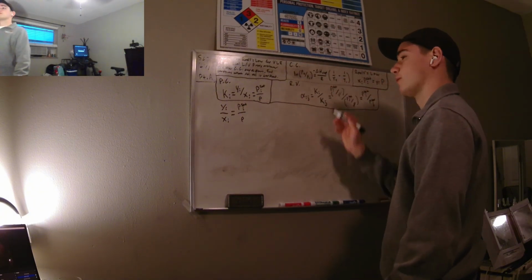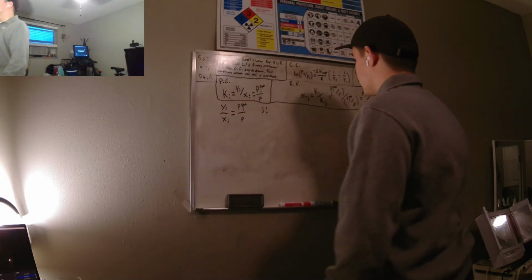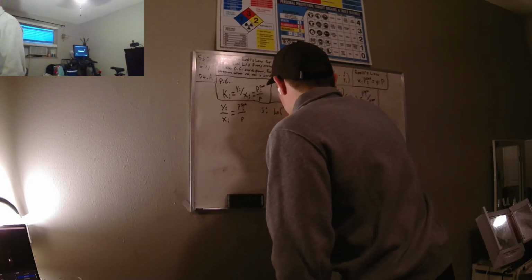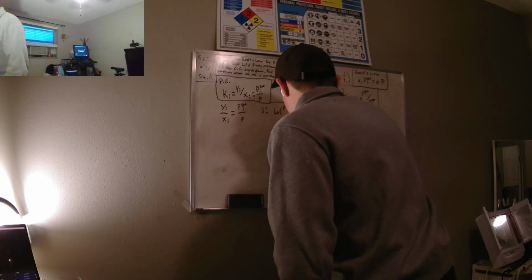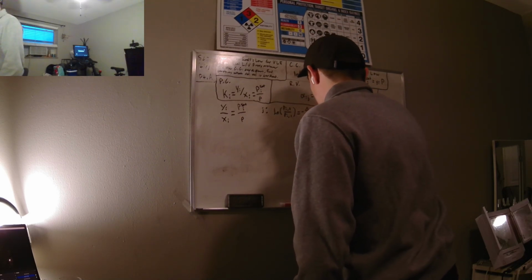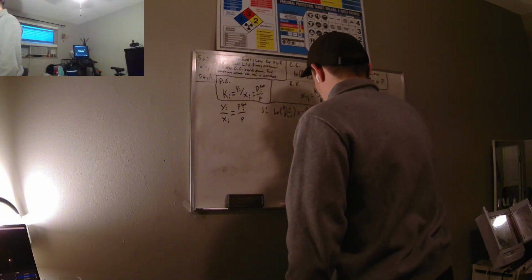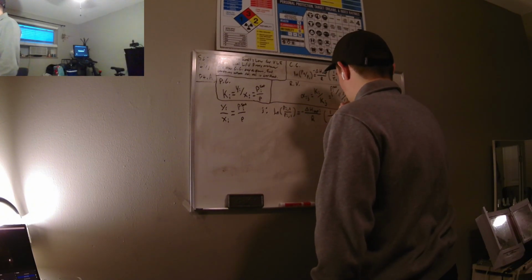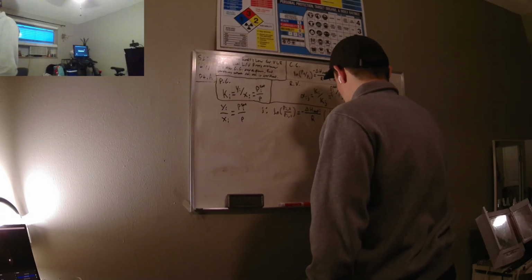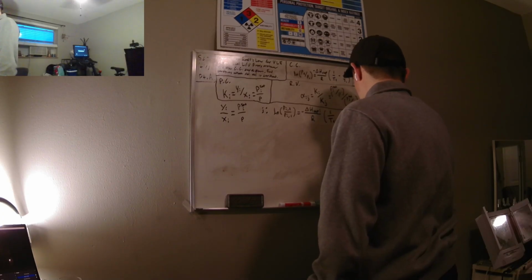We're just going to write a Clausius-Clapeyron equation for each component i and j. For component i, the Clausius-Clapeyron equation looks like the natural log of Pi2 over Pi1 equals negative the enthalpy of vaporization for component i over R times 1 over T2i minus 1 over T1i.